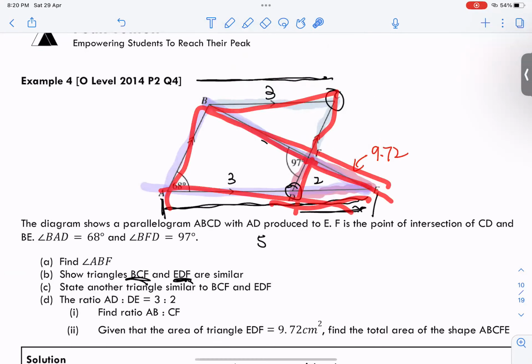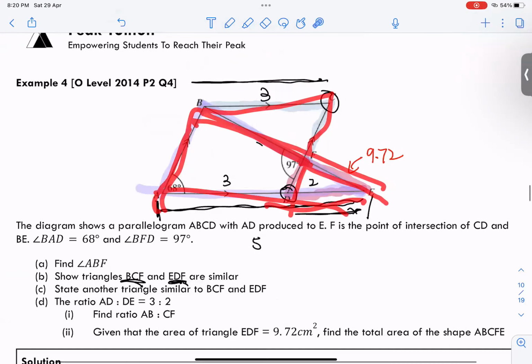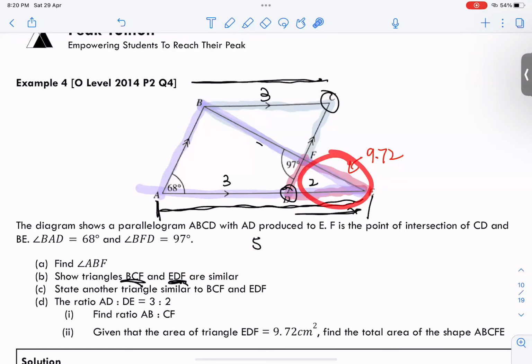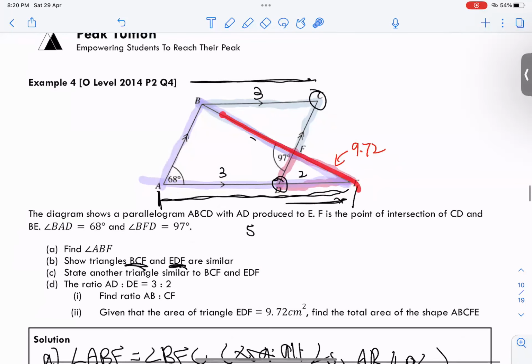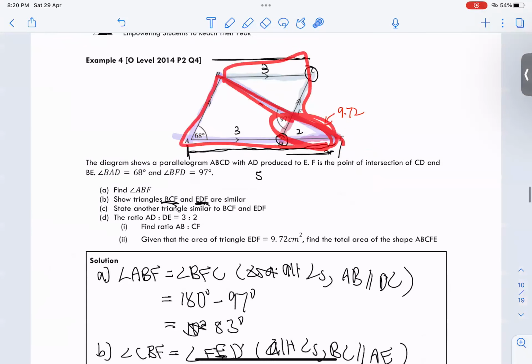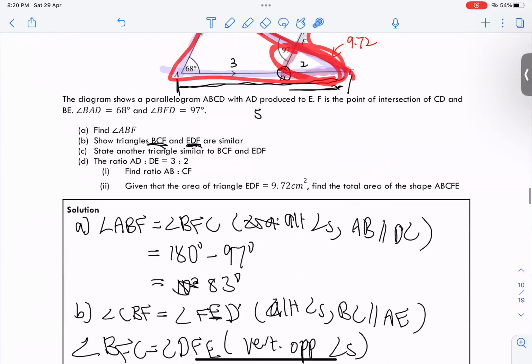But because this is not a triangle, this one you need to do the whole triangle. You just need to take this plus this. Or you can do this plus this plus this, and you minus this again.